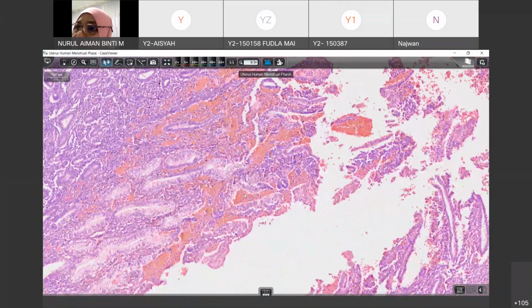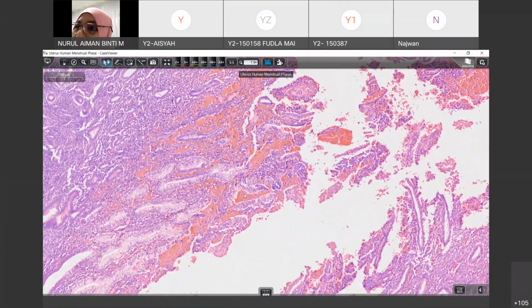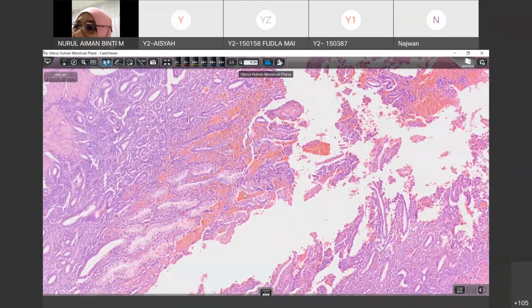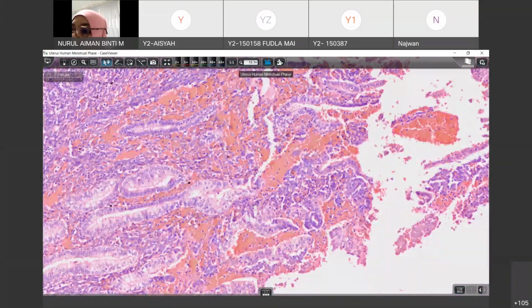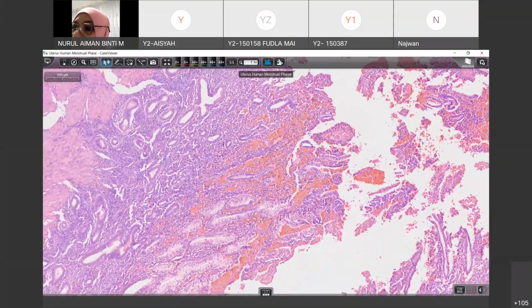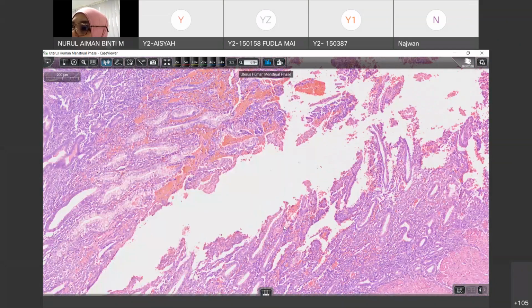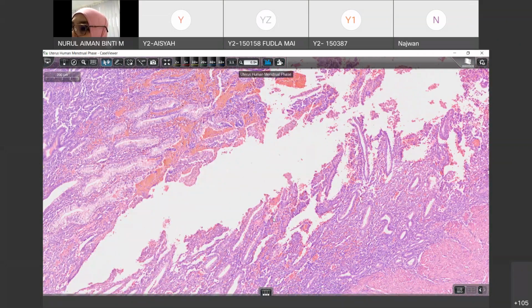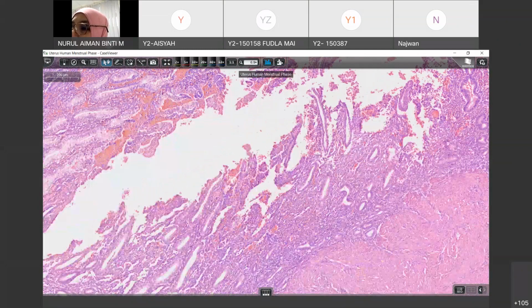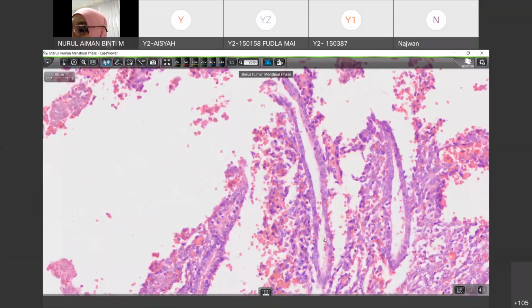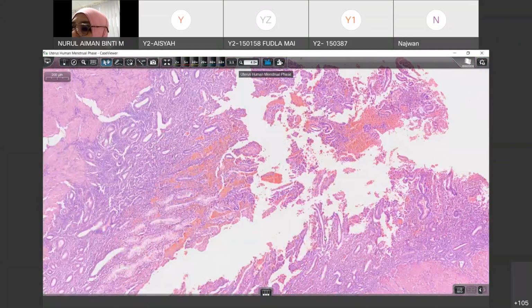dissolved. Even the cellular component here started to dissolve or die. Apoptosis will occur at this region. So you can see the dissolution of the glands; you can't see the glands very well anymore. This is known as the menstrual phase.